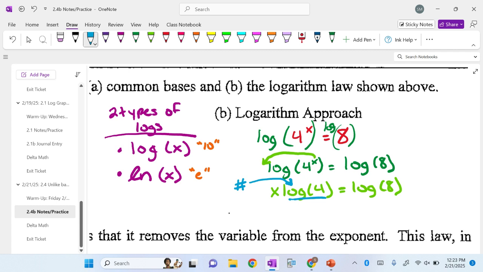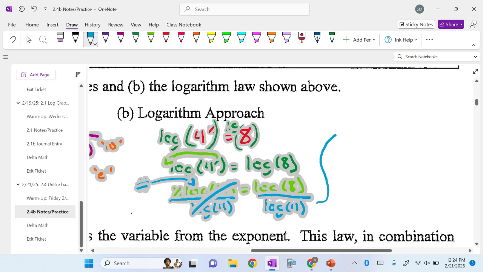So we're multiplying a number to x, and we need to get x by itself. How do we get rid of that number? Divide by it. So we would divide both sides by log of 4. This goes away.